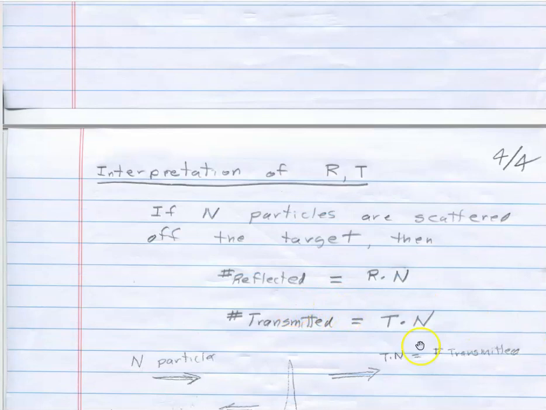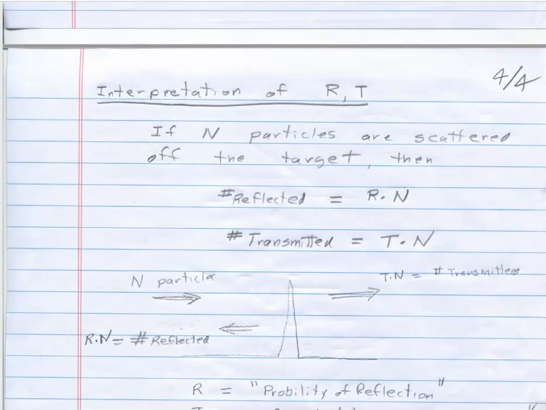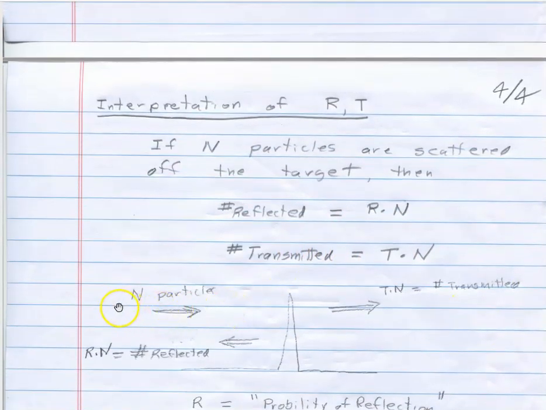And so you can think of this also as if I send in n particles, and they have a probability of T of getting transmitted, then the probability times the number I've sent in gives me the number of particles that get transmitted. If I send in 100 particles, then T times 100 would be the number of particles one would expect to measure coming through.